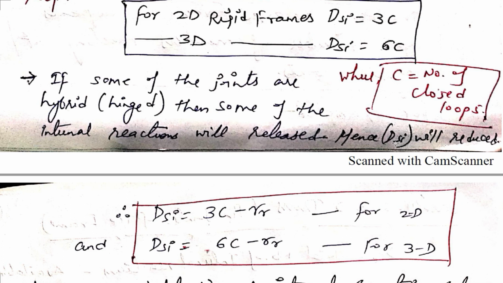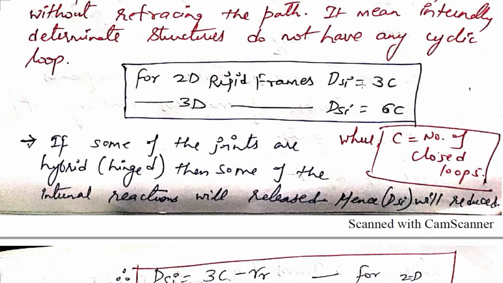So keep in mind that when all your joints are rigid, DSi is equal to 3C for 2D rigid frames and DSi is equal to 6C for 3D rigid frames.